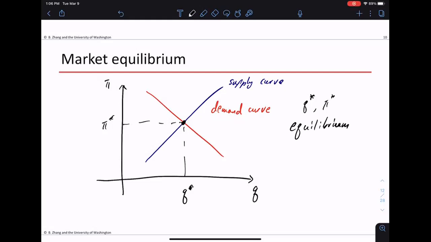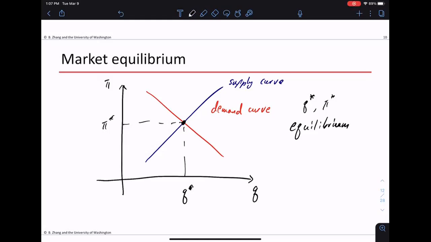Any question about this crossing? This is fairly common; we have seen this.